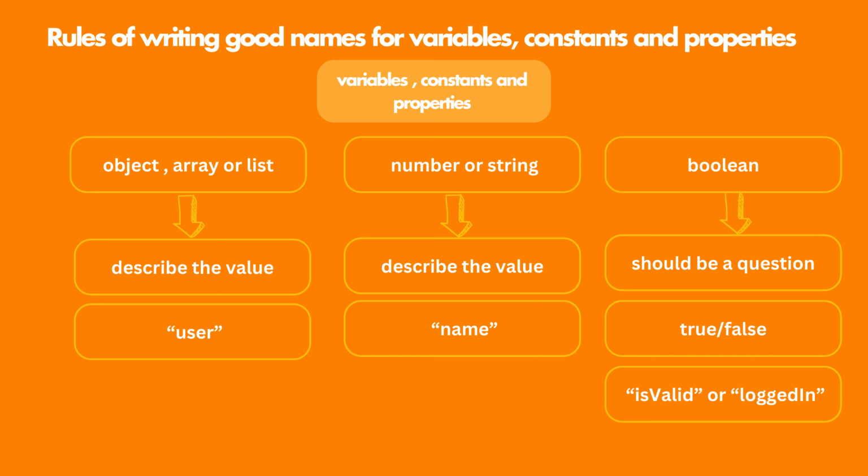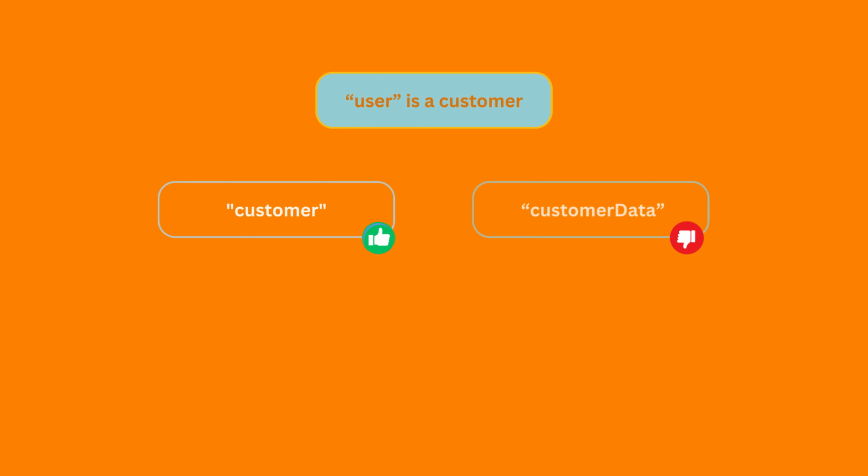When we are naming the variables, it's good to be as specific about the name as possible. But we also need to avoid redundant or extra information in the name. For example, if the user is a customer, then naming it as customer is a good name. But if we name it as customer data, it doesn't provide us with any value, as customer object will always have customer related data.